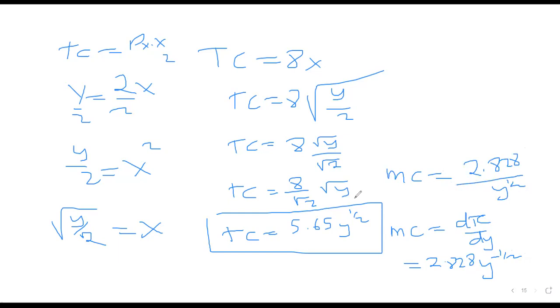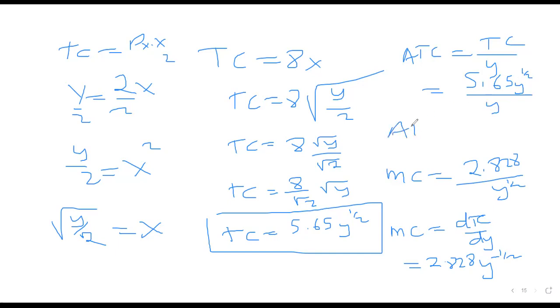Then how do we find our average cost? Average total cost is simply the total cost over quantity, and our quantity in this case is y itself. So we divide our total cost, 5.65 y to the power half, by the quantity, which is y.